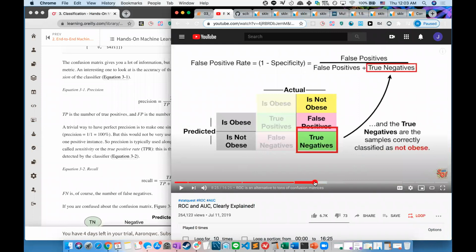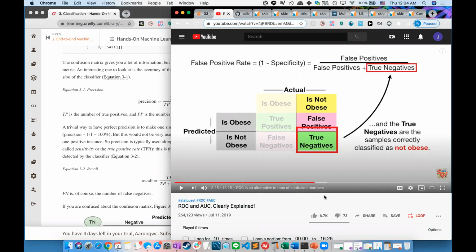Let me just try to explain this. Intuitively, the ROC curve is only plotting how many positives you identified correctly and how many negatives you identified correctly. That doesn't say how many negatives and positives you have.